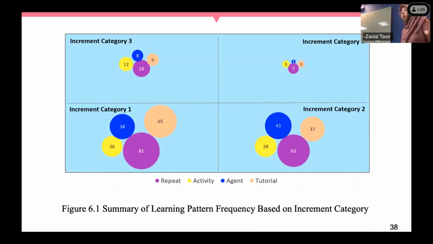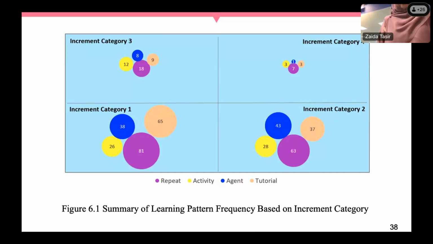Okay, this is one of the realistic examples of my students when she presented her PhD finding to explain to the examiner the increments of the performance, where we categorize the increment categories into 4 types.